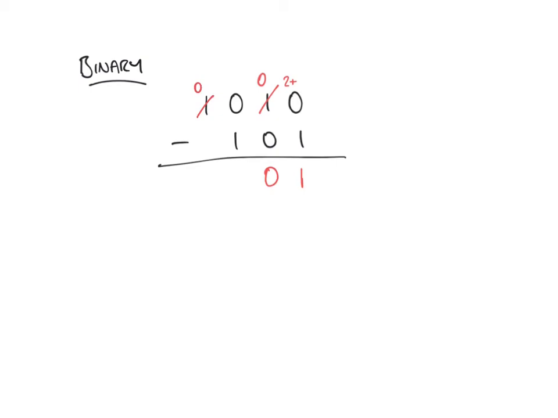We've borrowed the 1, but it's a base of 2. So we're adding 2 to our next column. And again, 2 minus 1 is going to give us 1. And so we find our result there. 1010 minus 101 gives us 101.